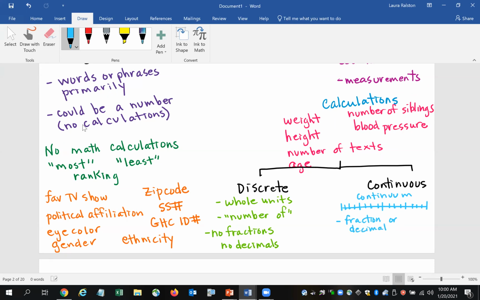So this would be more like the amount of milk that a cow gives in a day, your weight, even your height, because we normally talk about heights. We would say something like, I'm 5'6". So typically continuous is associated with a measurement because you have to use some sort of measurement tool, and it will give it to you in parts of a whole, like with a fraction or decimal.